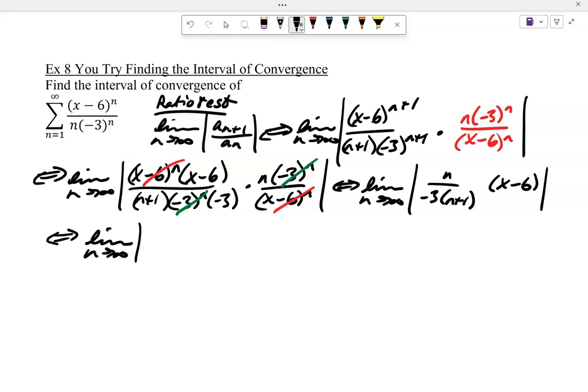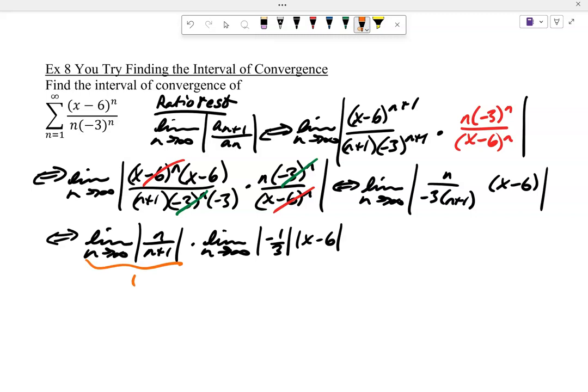I've got this n over n plus 1. And then this part, this n plus 1, right? This is 1. Take the absolute value of that. So we've got 1/3 absolute value of x minus 6.